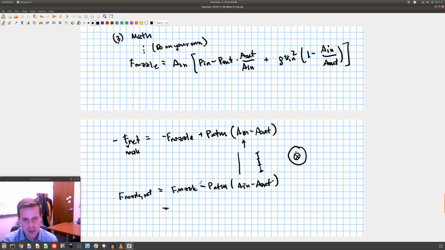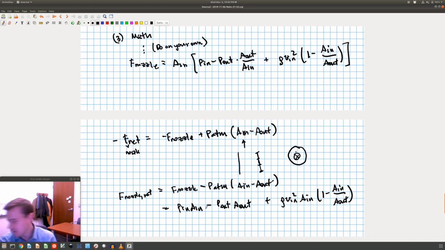Notice that this is P in A in, so it's kind of useful to pull that back out. So I have P in A in minus, and this multiply there gives the A outs cancel, minus P out A out, plus rho V in squared A in times 1 minus A in over A out. So this is F nozzle rewritten.